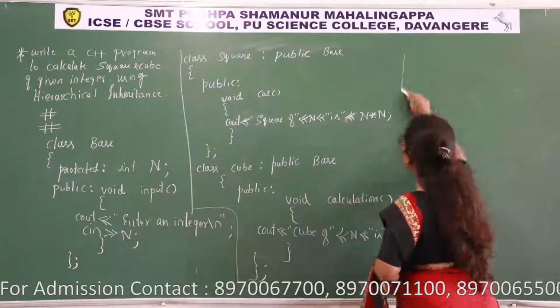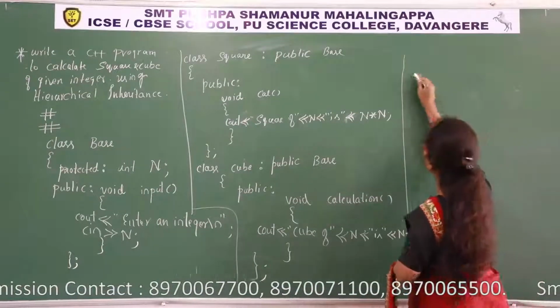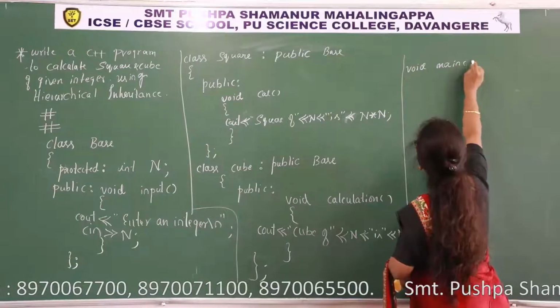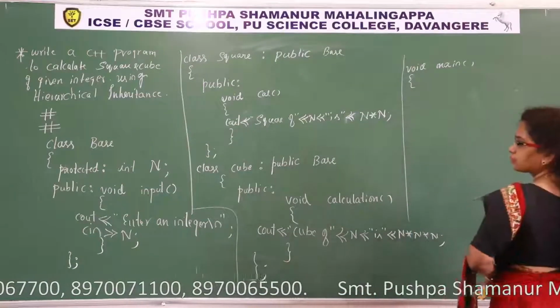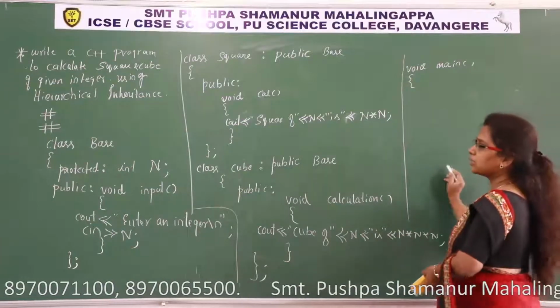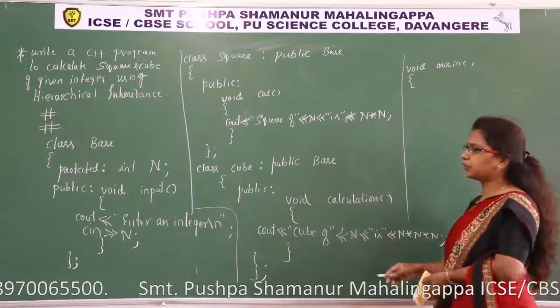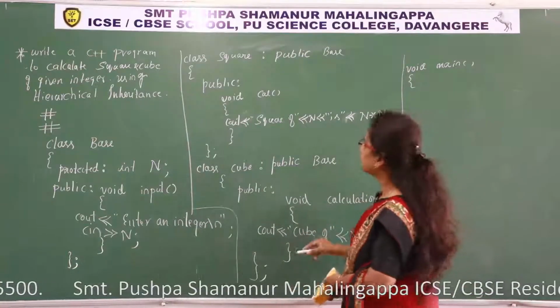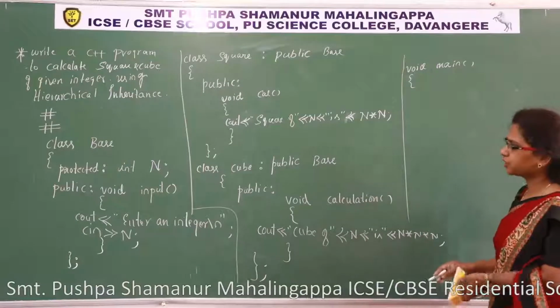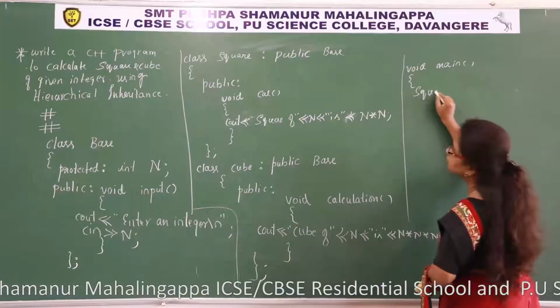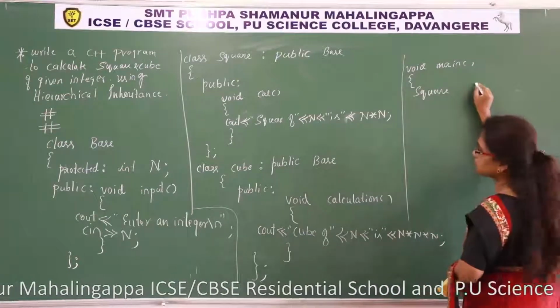Let us call these functions from main function. Void main. So, to which class I should create object? To calculate square, I have to create object for square class, and to calculate cube, I must create object for cube. Square yes.